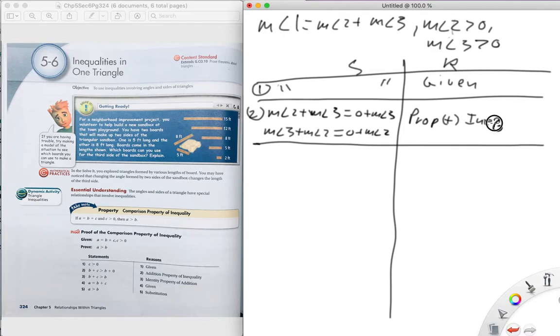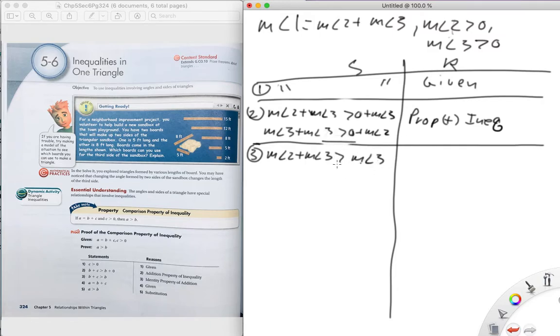It's going to be the same exact thing on the left hand side. We're just using different letters and numbers. Then I can say that the measure of angle 2 plus the measure of angle 3 is, I'm sorry, not equal to, is greater than the measure of angle 3.